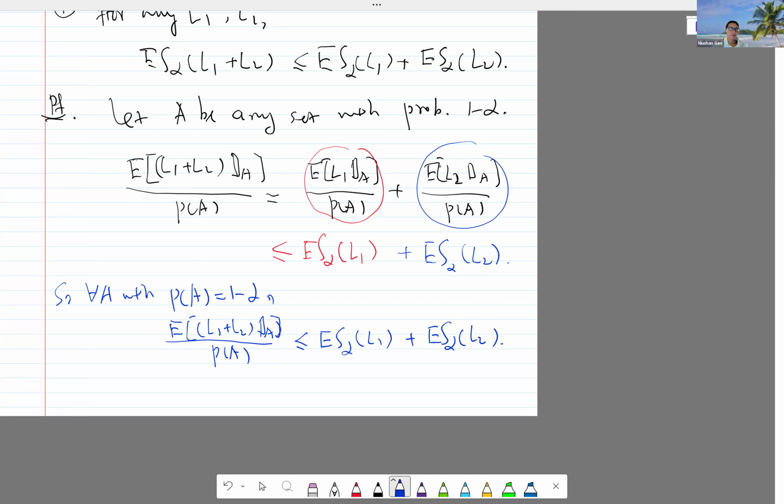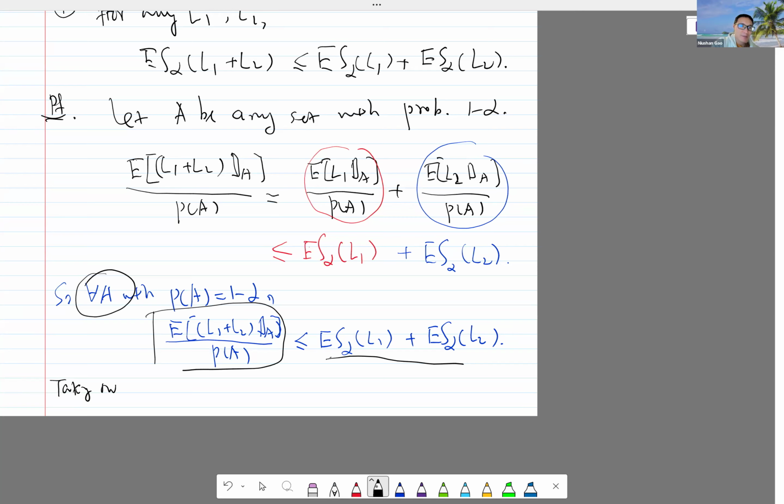It's always true. But remember, because this is true for any A, this is always bounded by this one. But if we choose an optimal A for L1 plus L2, what do we have?